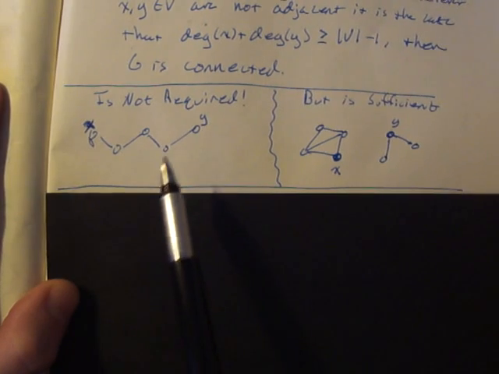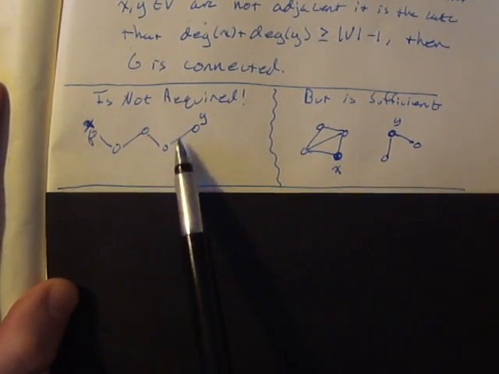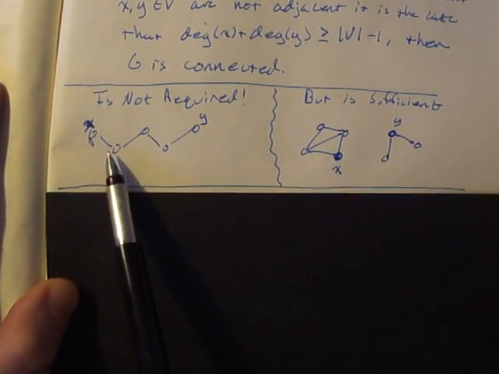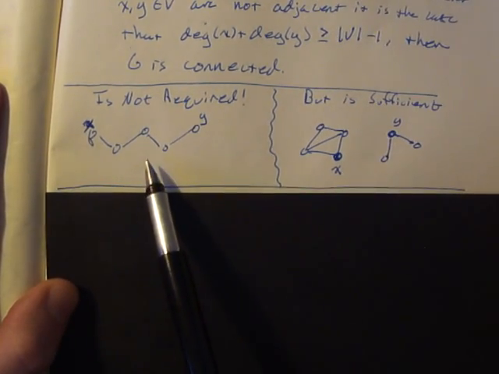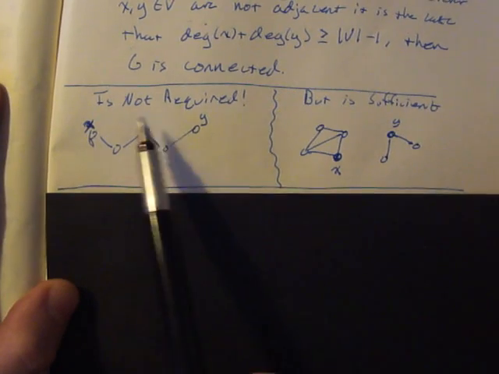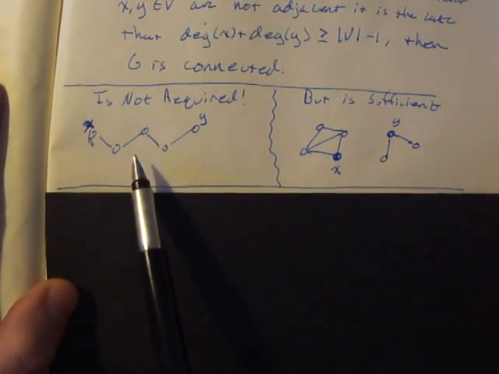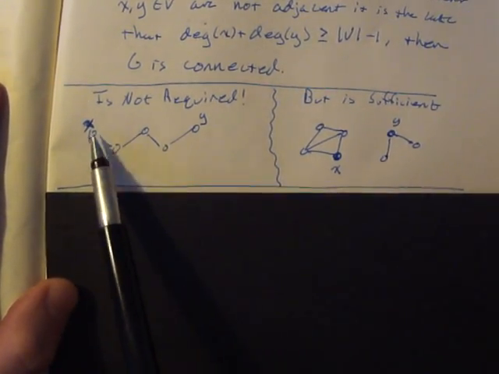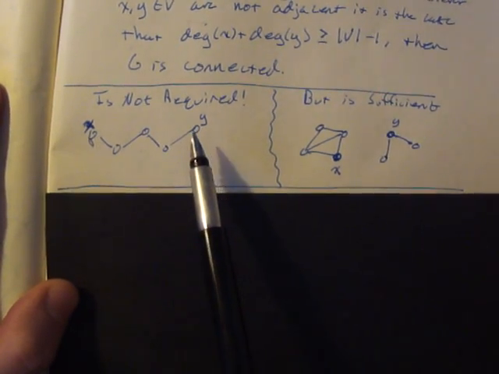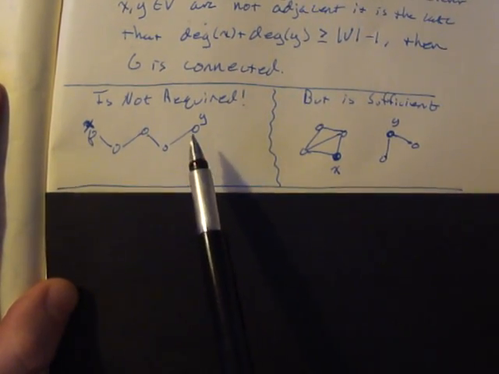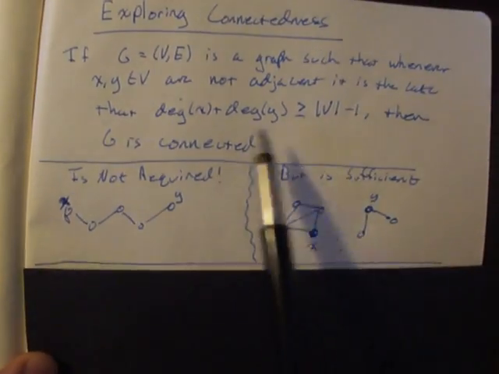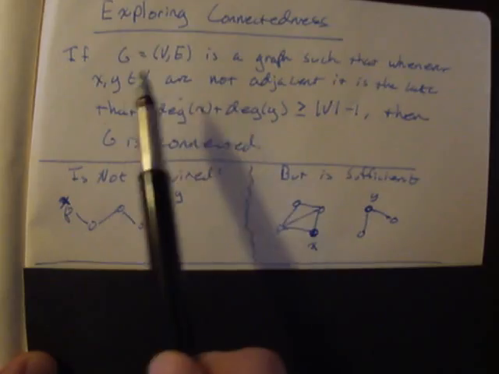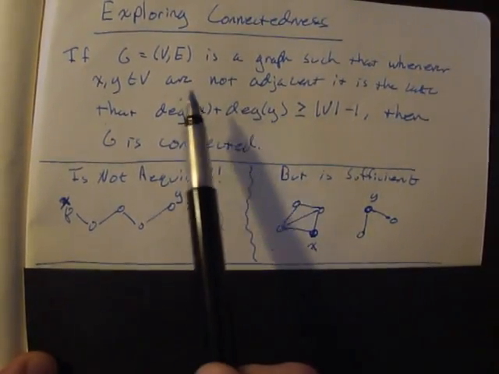The sum of their degrees is 2, because x has one edge coming off of it and y has one edge coming off of it, so 1 plus 1 is 2. But 2 is strictly less than 1 less the total number of vertices, which is 4, and 2 is less than 4.